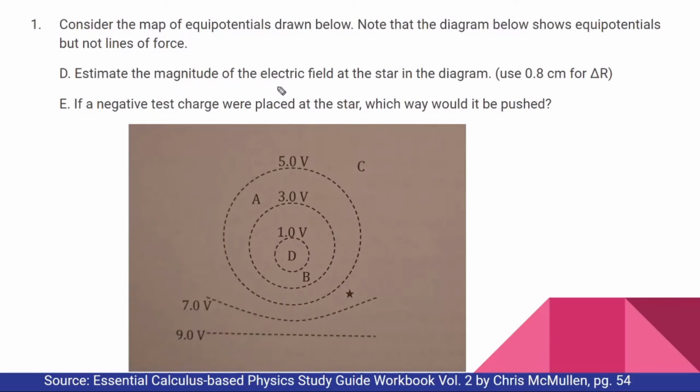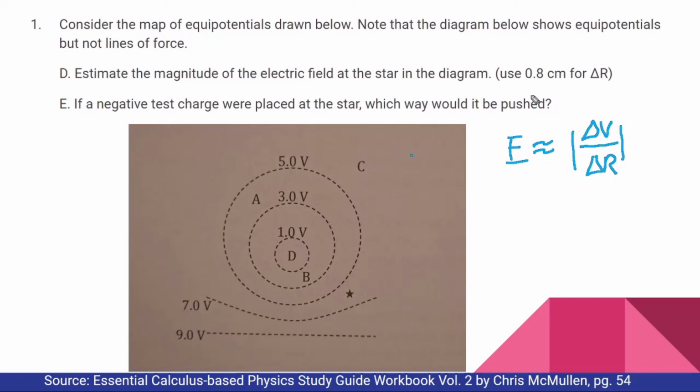Estimate the magnitude of the electric field at the star in the diagram. Use 0.8 centimeters for delta R. Well, we know that an equation we can use is E is approximately the absolute value of the potential difference divided by the distance between two equipotential surfaces.